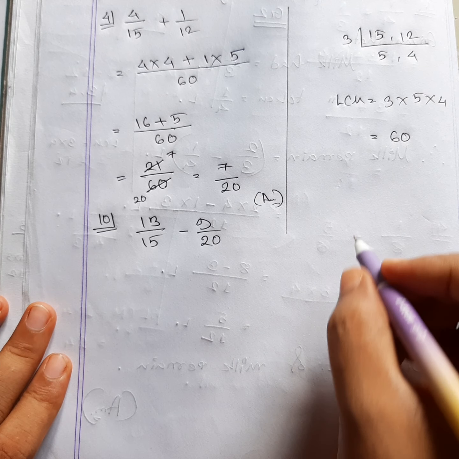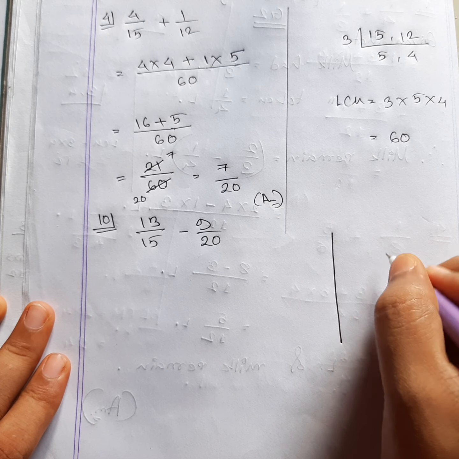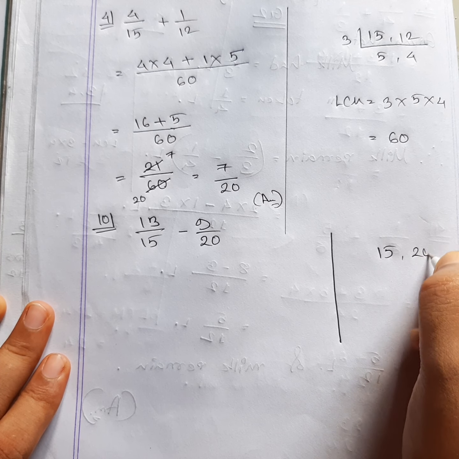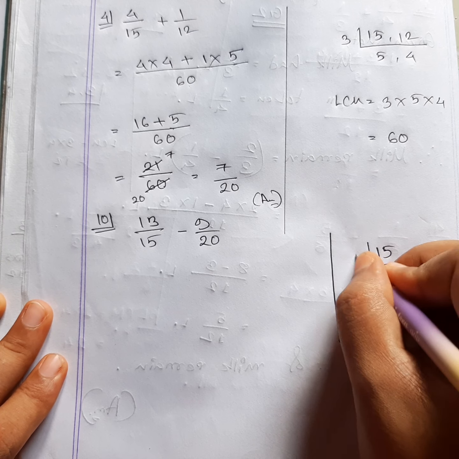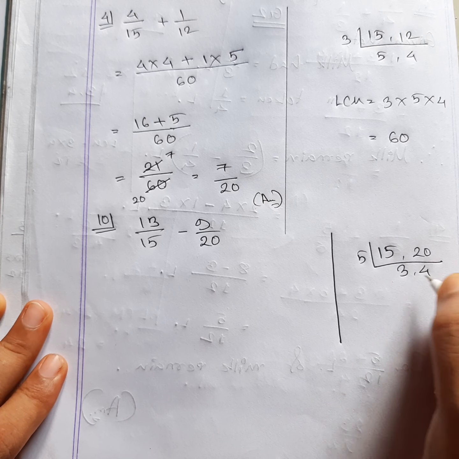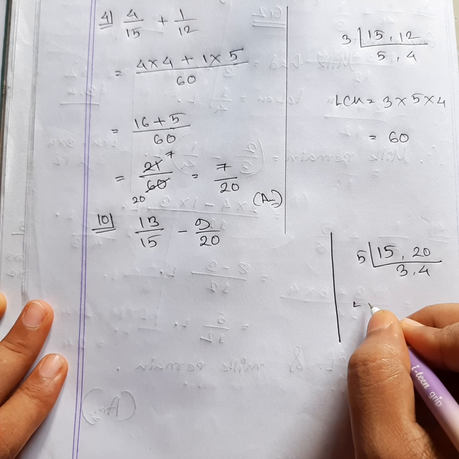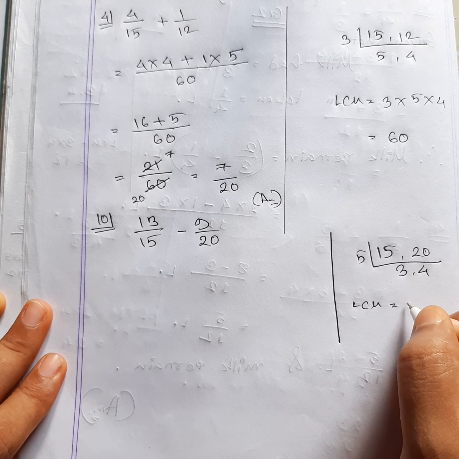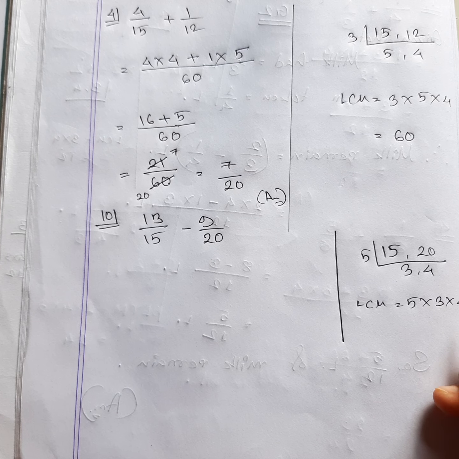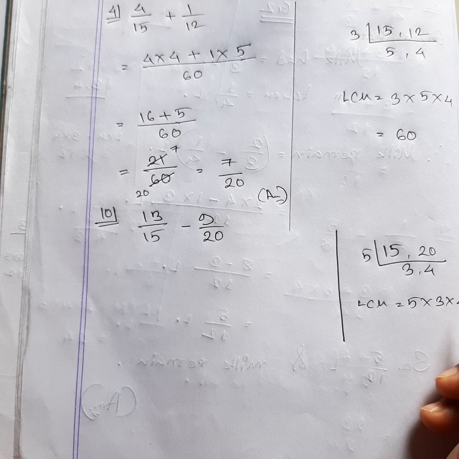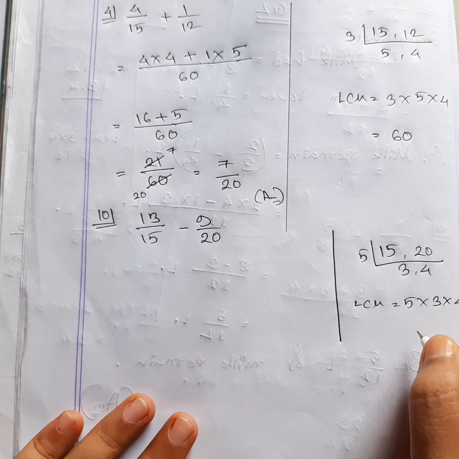Okay, the next number. 15 and 20: not with 2, not with 3, but with 5. 3 and 4, both of them we cannot divide, so I'm just going to write down our LCM, which will be 3 multiplied by 5 multiplied by 4, and it makes again 60.